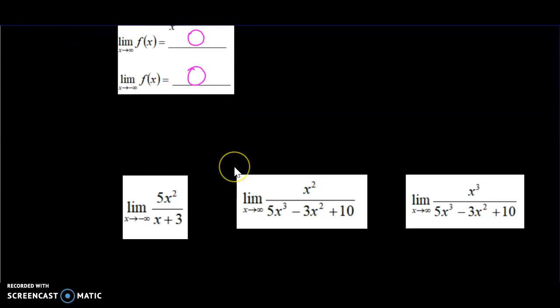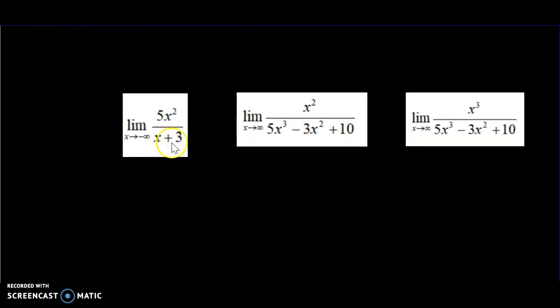Okay, so that's what you're going to use when you don't have a graph. Just go to Desmos. Now, here in the second, these next three examples, you're not going to use it. You're going to look at, it's a rational function. I'm able to compare my highest exponent. So, in your numerator, what is your highest exponent? It's 2. In my denominator, remember when I just have x by itself, the exponent is 1.